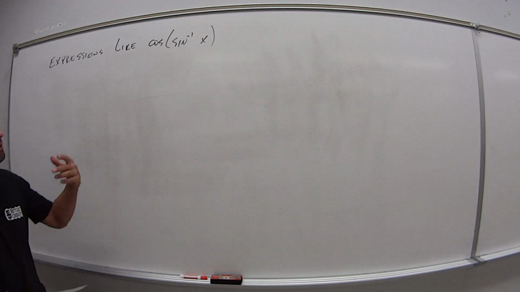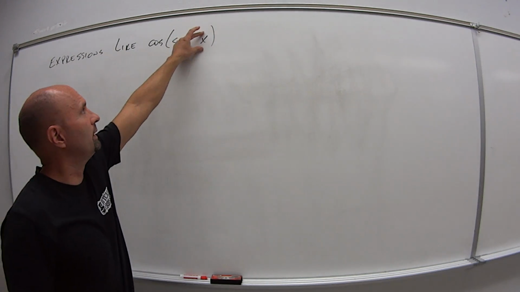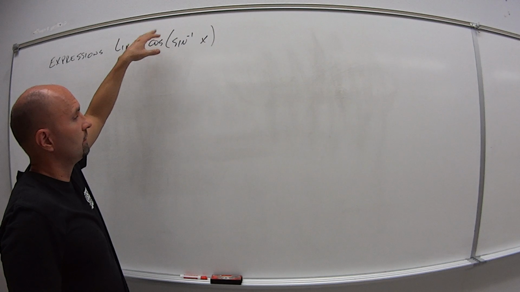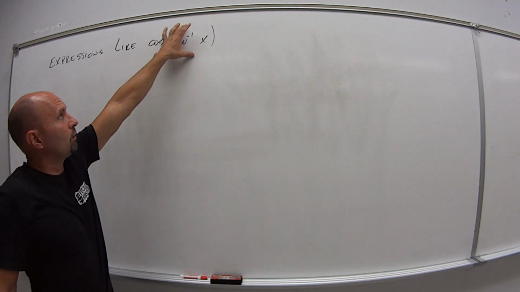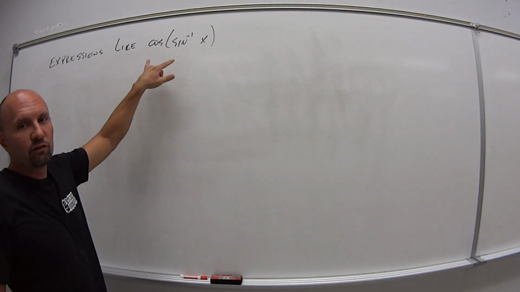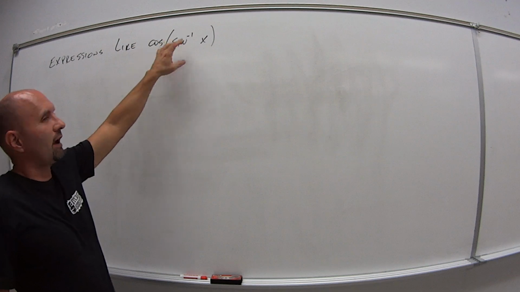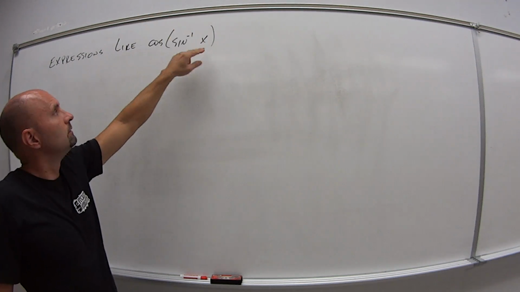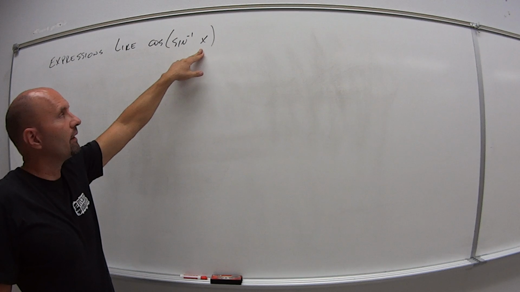So again, we've dealt with some of them like this. We've had a value in here, and then we had to figure out what this value was first, but usually it was the same function. So sine of sine inverse of, I don't know, pi over 6, something like that.